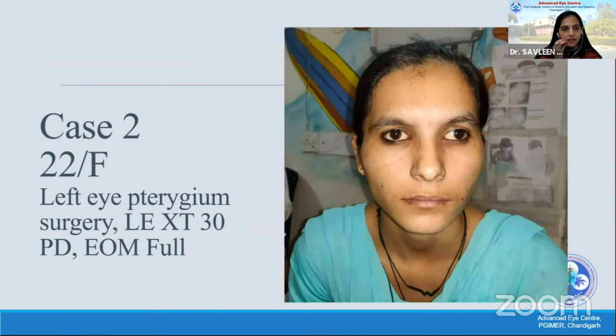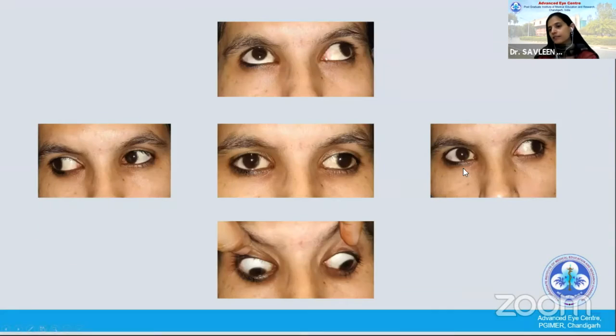Another case, a 22-year-old patient who had a history of left eye pterygium surgery and then presented with an exotropia. Normally in such cases, you look at the extraocular movements, you try to see whether something has damaged the medial rectus, maybe ask the patient, vision is equal, get the other eye operated.